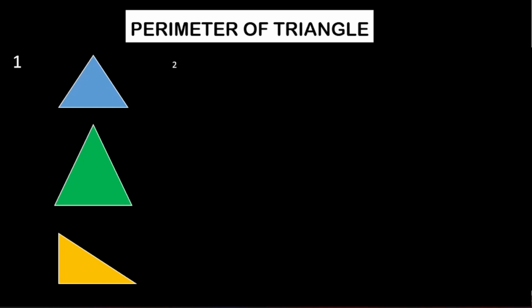All the sides in this are equal. This equals this and equals this. So in an equilateral triangle, if the side is A, then this one will also be A, and this also would be A. So the perimeter of an equilateral triangle.